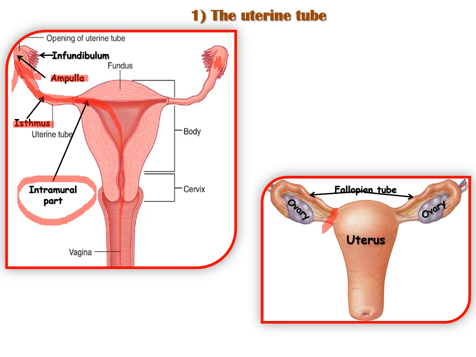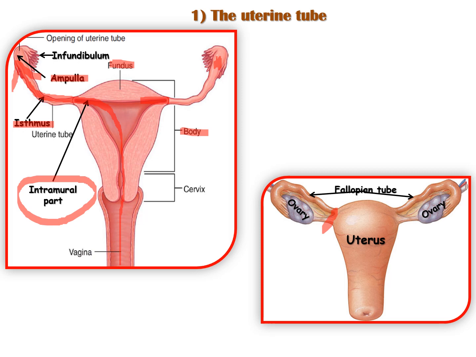This means that the fallopian tube has a distance in which it will run in the thickness of the wall of the uterus, and the fallopian tube opens in the wall of the uterus at the junction between the fundus and the body of the uterus.